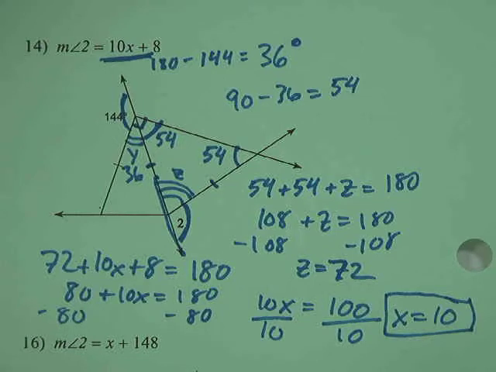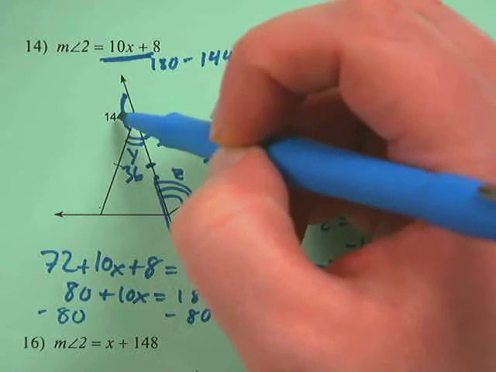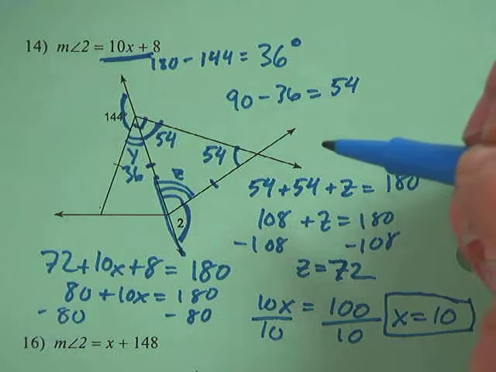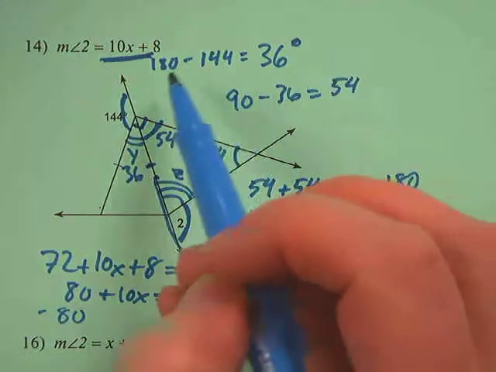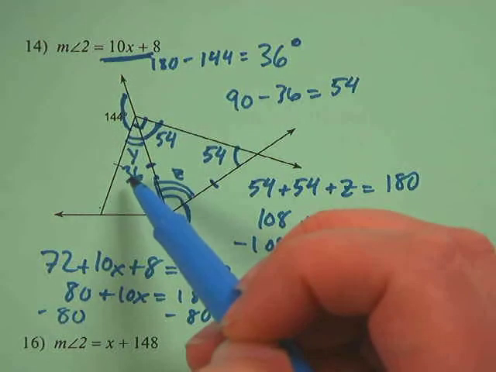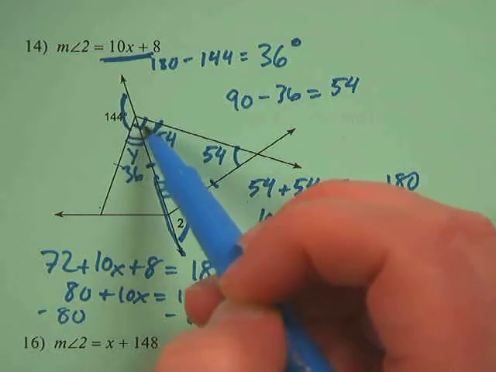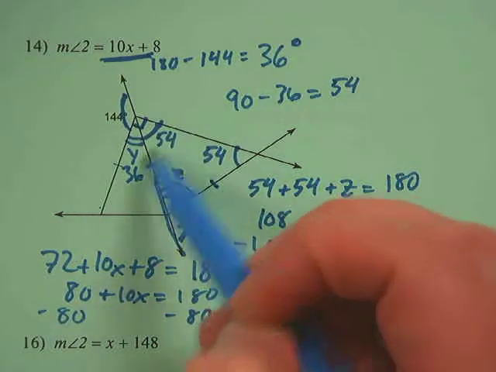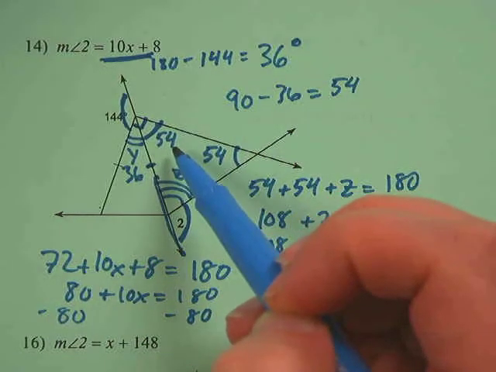So just kind of as a recap of what we did here, we know that these two, 144 and this angle y, are a linear pair, so they add to 180. So 180 minus 144 gave us 36. Then these two are complementary because this is a 90-degree angle right here. So these two add to 90, so 90 minus 36 gives us 54, this angle here.